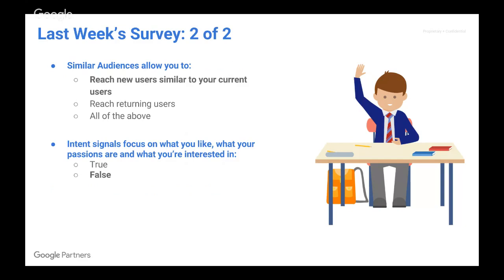An in-market audience that classifies you as someone about to purchase, for example, a new pair of shoes, is focusing on intent signals. So it's really important to know about this difference, especially for the display session that we're going to cover in 2 weeks. So make sure this concept is clear, and feel free to go back to our resources if you want to know things a bit more in depth and in detail.